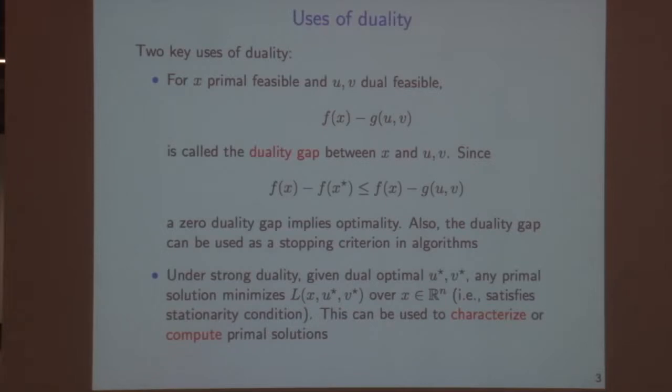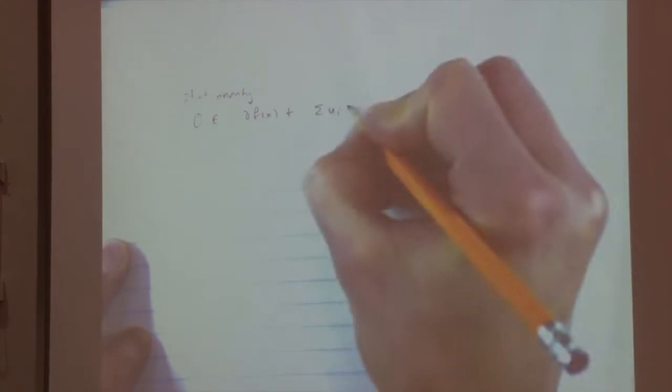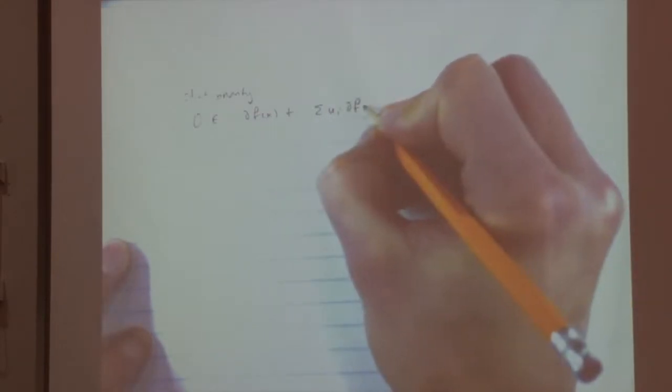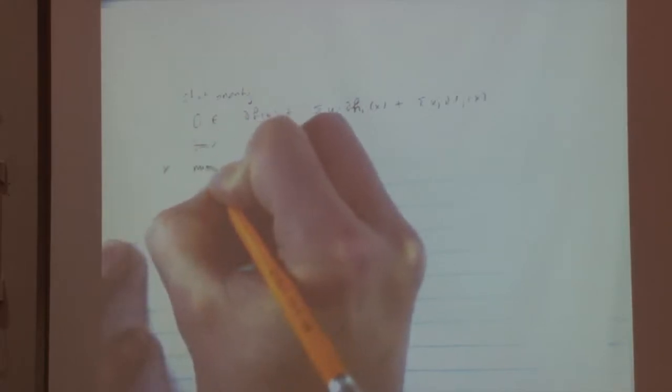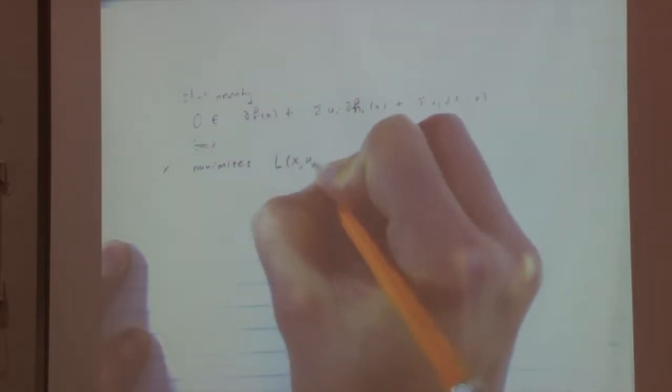The first KKT condition, the stationarity condition, says that 0 is a subgradient of f of x plus the sum of u_i subgradient of h_i of x plus the sum of v_j subgradient of l_j of x. This is the same thing as saying that x minimizes the Lagrangian L(x, u, v).